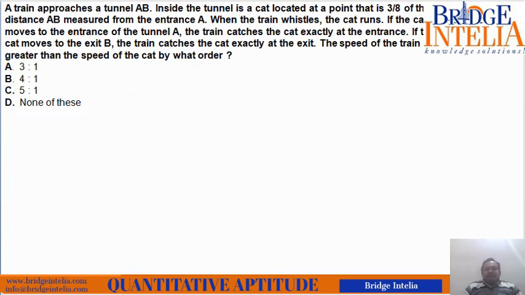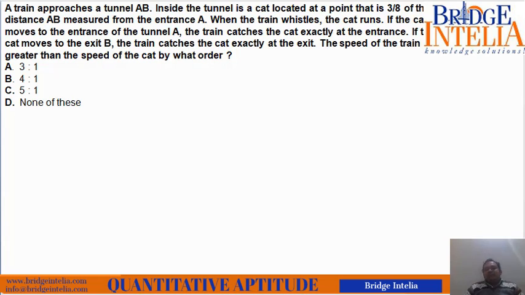A train approaches a tunnel AB. Inside the tunnel is a cat located at a point that is 3/8 of the distance measured from the entrance A. When the train whistles, the cat runs.